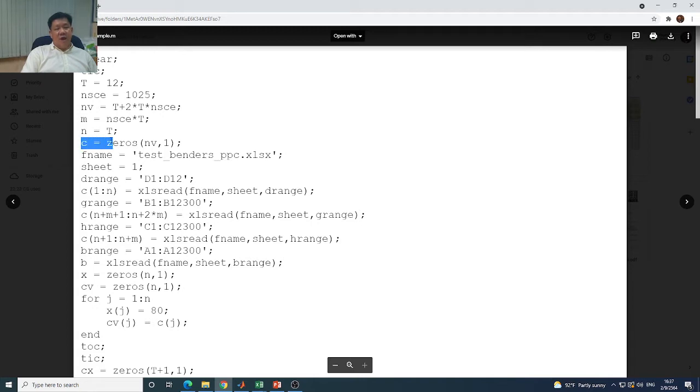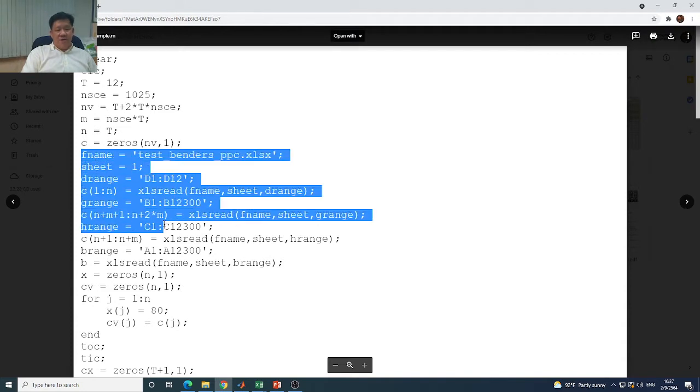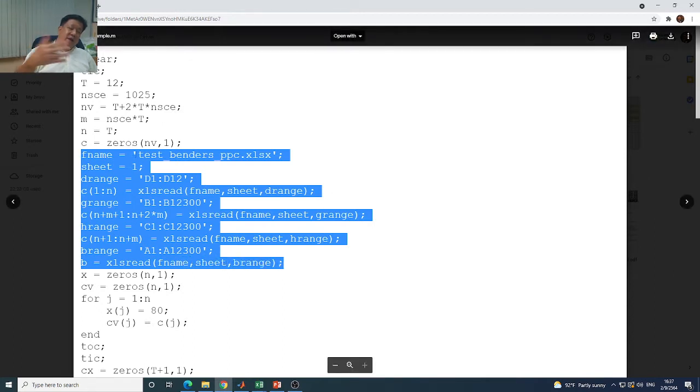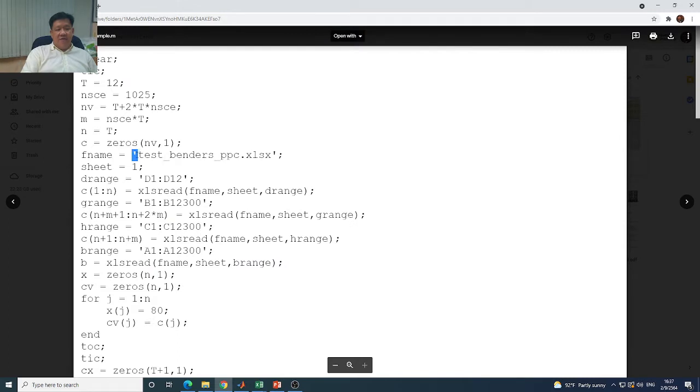And C is a column vector consisting of NV elements in one column. We initialize it with all zero elements, and then from this line to this line is the way we read the input data from the Excel file. First, we identify the file name that keeps all the data.